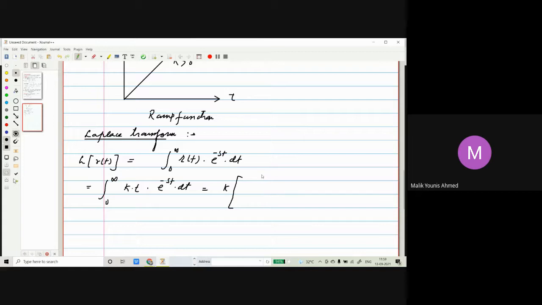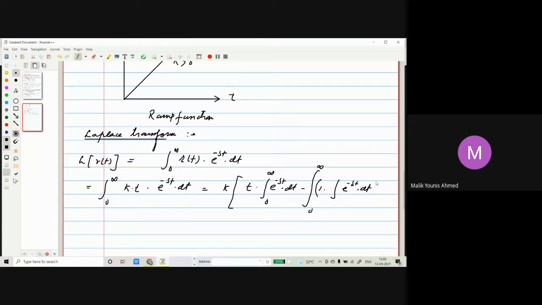This we can solve using integration by parts. So first we will consider t times the integral from 0 to infinity of e raised to power minus st dt, minus the whole integral from 0 to infinity of the differentiation of the first function, which is 1, times the integral of e raised to power minus st dt.